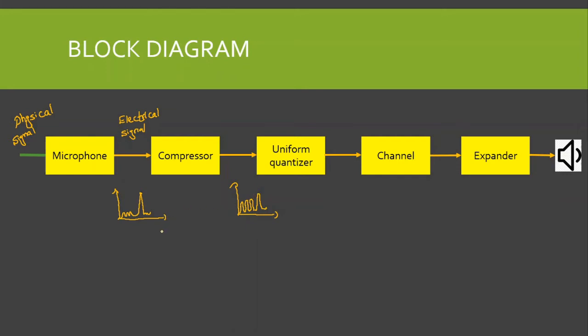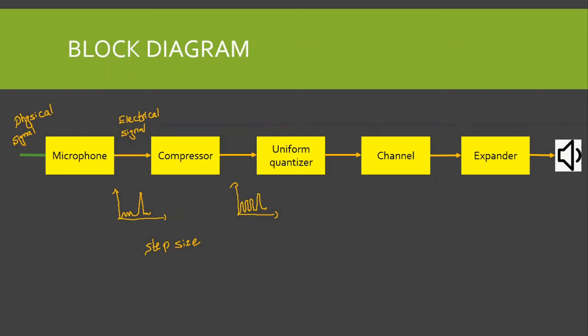Now when the difference between the highest and lowest amplitude is less, for the same quantization level, the step size will be less. So the compressor has basically decreased the step size.